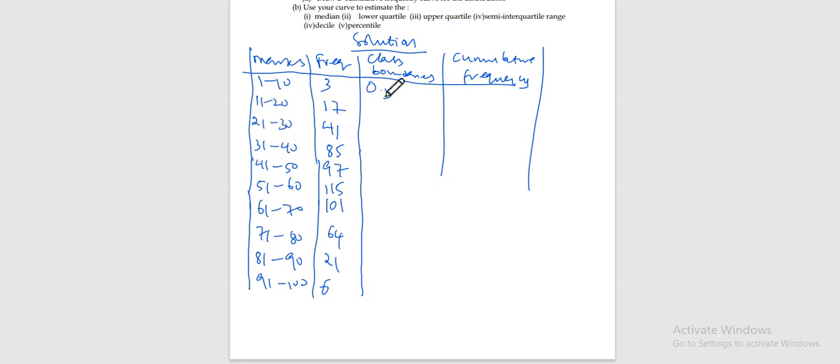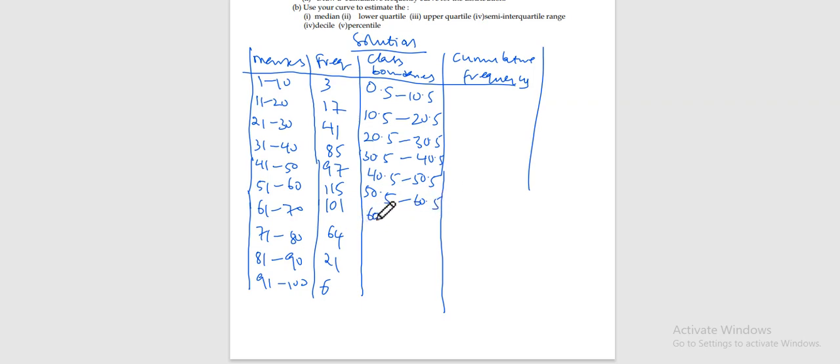So here we have 0.5 to 10.5, 10.5 to 20.5, 20.5 to 30.5, 30.5 to 40.5, 40.5 to 50.5, 50.5 to 60.5, 60.5 to 70.5, 70.5 to 80.5, 80.5 to 90.5, and finally 90.5 to 100.5.